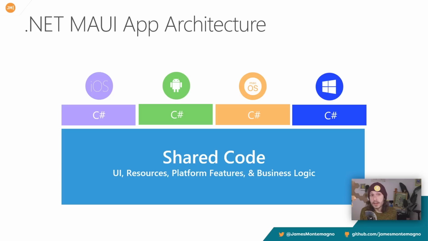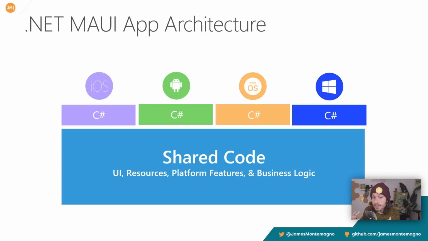This means that it will be written in C# or in XAML, and I'll talk about that here. And XAML is an XML-based markup, and it has unique binding features. It's similar to HTML. Also, your resources are shared, so your images, fonts, your styles, your string translations, those are all shared across the different platforms.